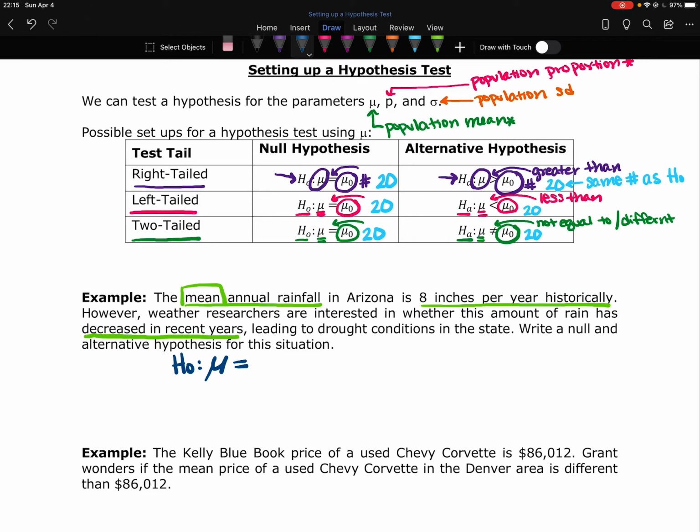So we're going to assume that we are still getting 8 inches of rain each year in Arizona. That's what we're going to start out assuming. But these researchers want to test their alternative, HA, and see if the mean, mu, is decreasing. So going down, if it's becoming less than 8 inches.